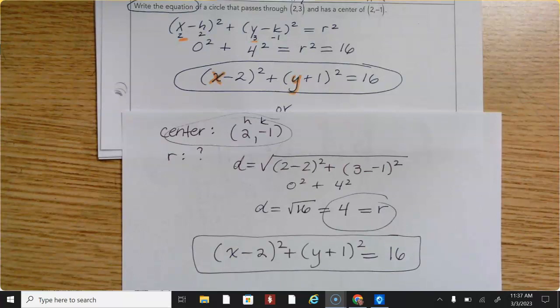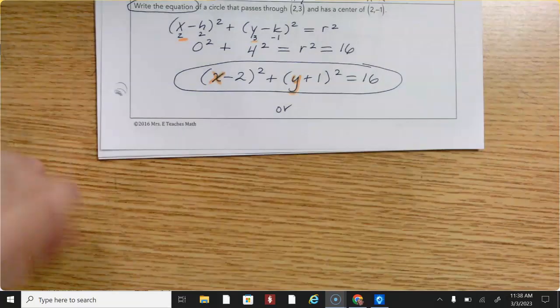Okay, the final form of the equation, whether it's for a circle or a parabola or a line or anything, whatever variables you need to have in that equation, and usually it's x and y. Sometimes it's just one of them, but usually it's x and y. You should see the letter x and you should see the letter y in your final answer. Sometimes we plug in one of the points to help us find something, but then you have to take it back out when you're writing the final equation.